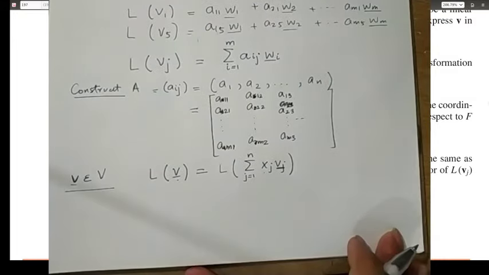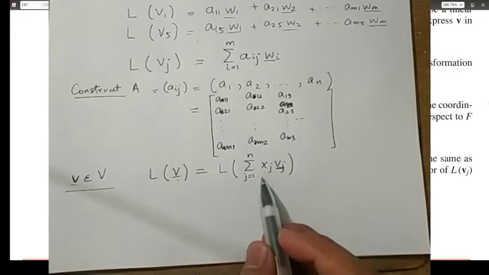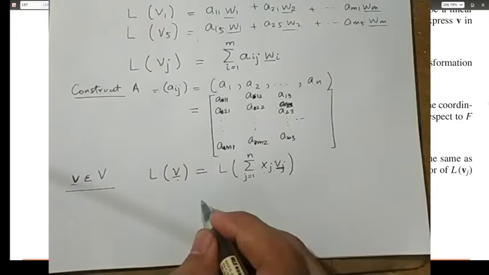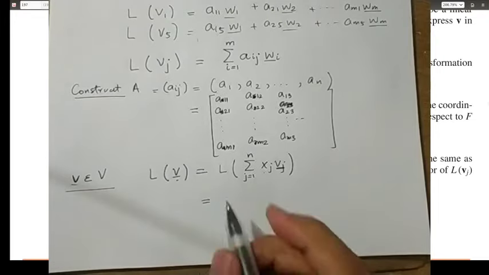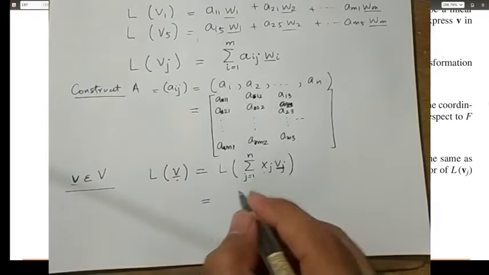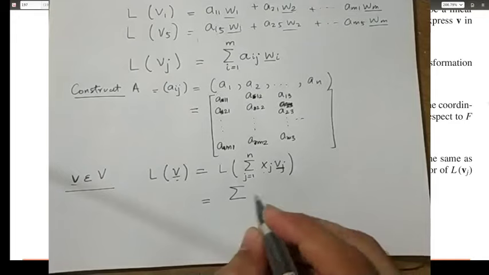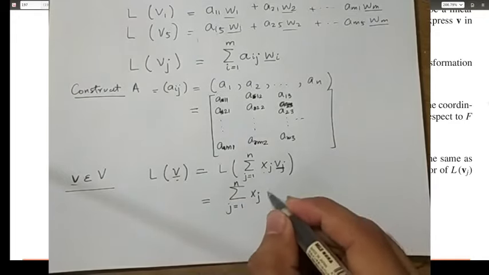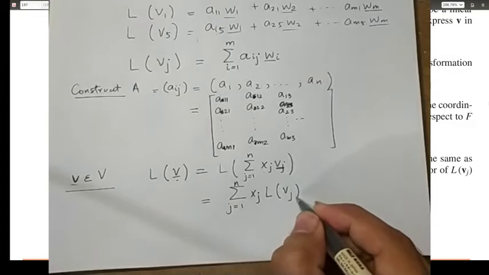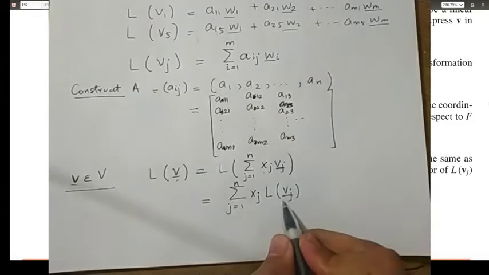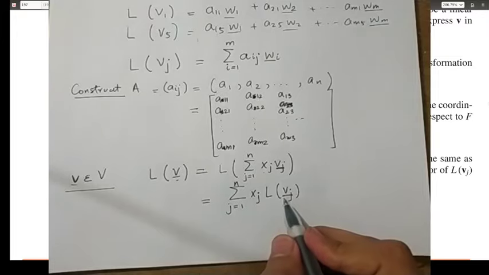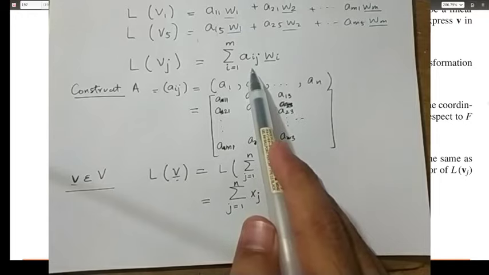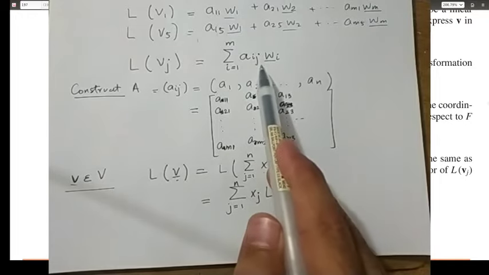Okay. And so this is a linear transformation, which means I can take the linear transformation inside the scalars. A linear combination in input will give me a linear combination of the output. So I can simply express this as summation j equals 1 to n xj L of Vj. So the question is, what is happening to the standard basis vectors? And that's something that we've already established. We know what's happening to them, and we've written it down in terms of these coefficients.